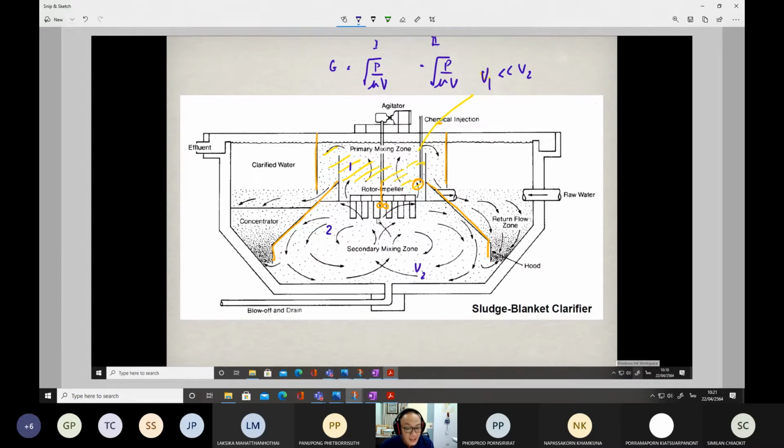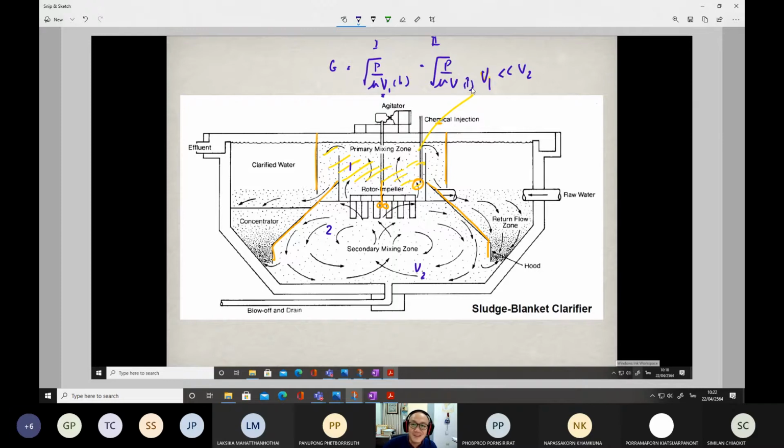The only thing that makes G different in the upper and lower compartments is the volume. Number one, the volume is small; number two, the volume is large.